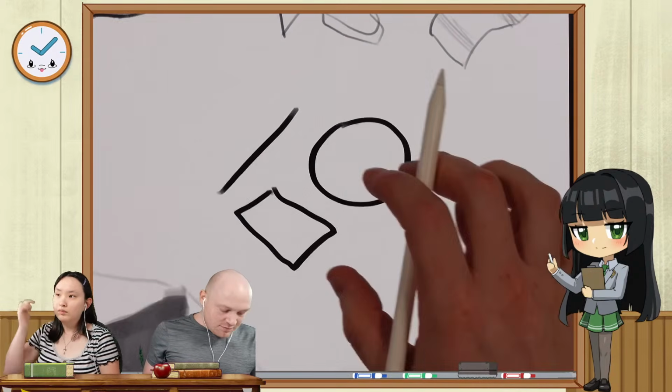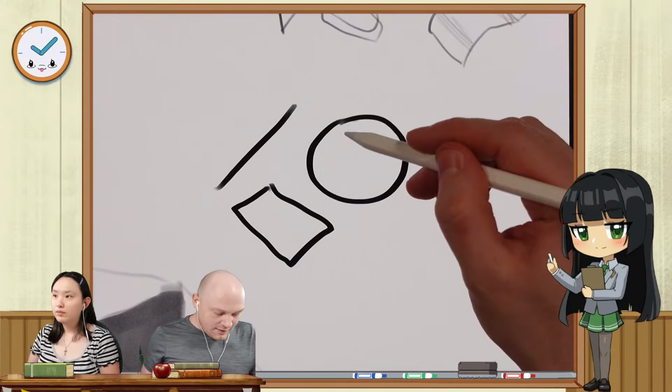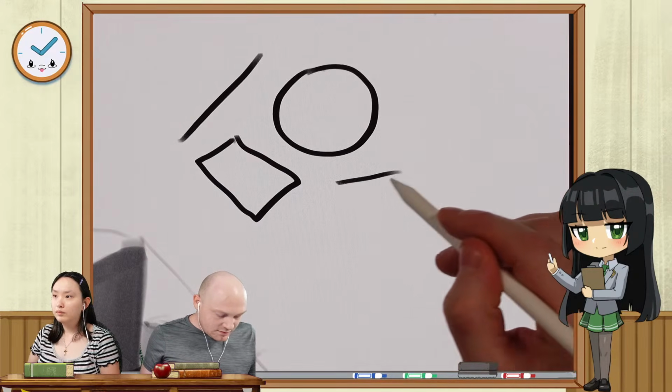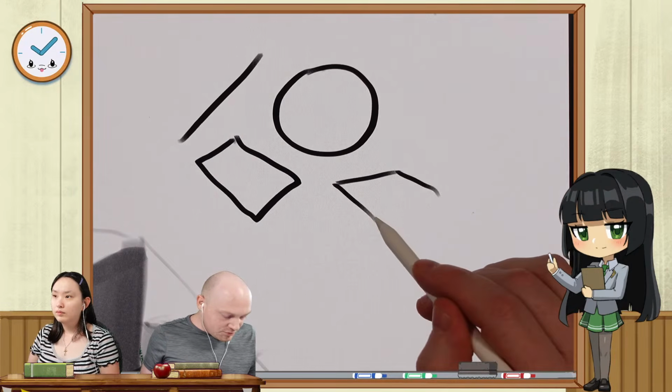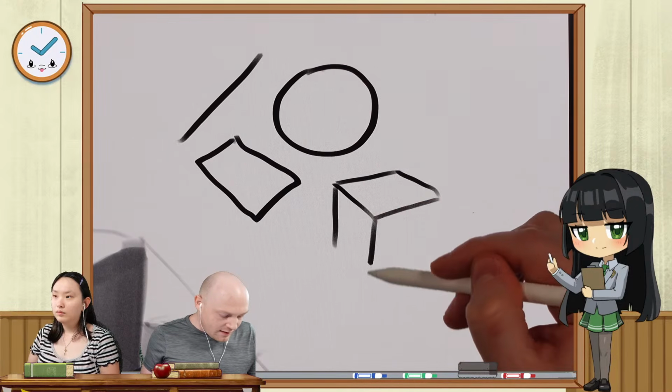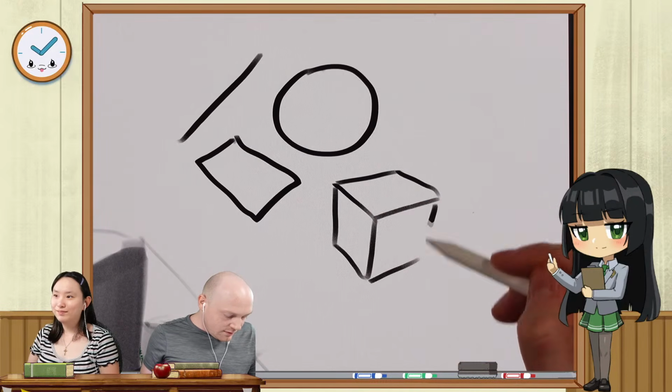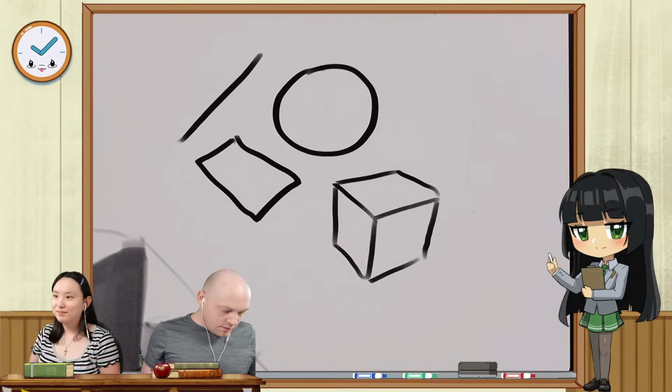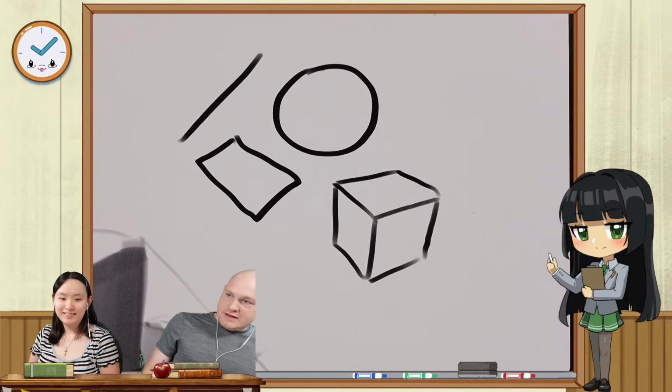As soon as you start moving into the world of 3 dimensions on a two-dimensional surface, perspective governs all of that. Yeah, perspective governs all of 3D things on a 2D surface.